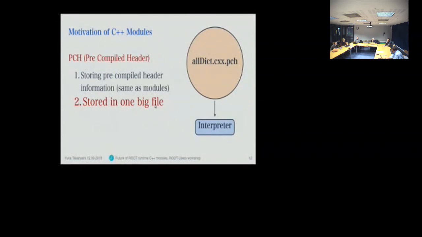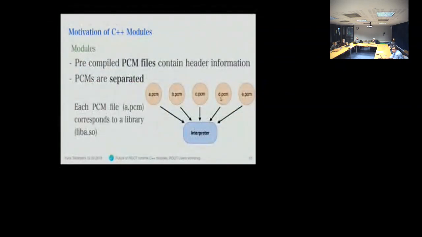PCH, precompiled header, was invented as one of the solutions to cope with textual include problems. It precompiles header files and stores them in a PCH file. However, it also has a weak point: it is not separable, because the information is stored in one big file, like this. Finally, with modules, header information is stored in precompiled PCM files.